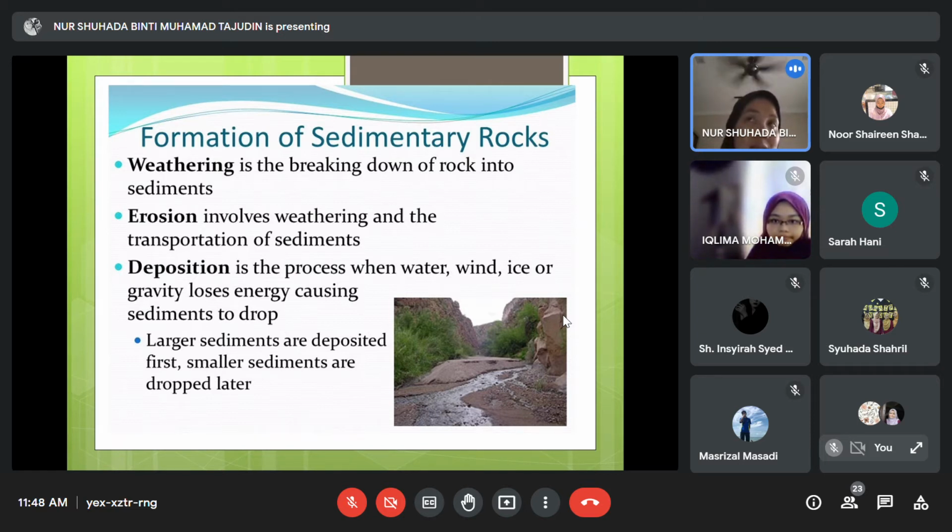Itulah yang jadi riverbank. Macam yang gambar ni kat sini, this is sedimentary rocks. Okay, by time dia akan boleh jadi land. Faham? Macam saya cakap saya cerita pasal marine alluvial soil tadi.